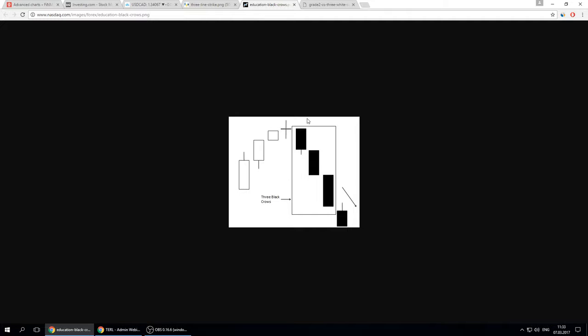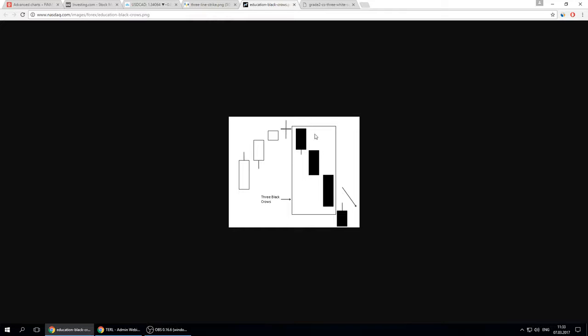So they should only be taken into consideration when they appear on the top of the uptrend, I mean. So they indicate the weakness of the uptrend and the potential emergence of a downtrend. They should have common features.